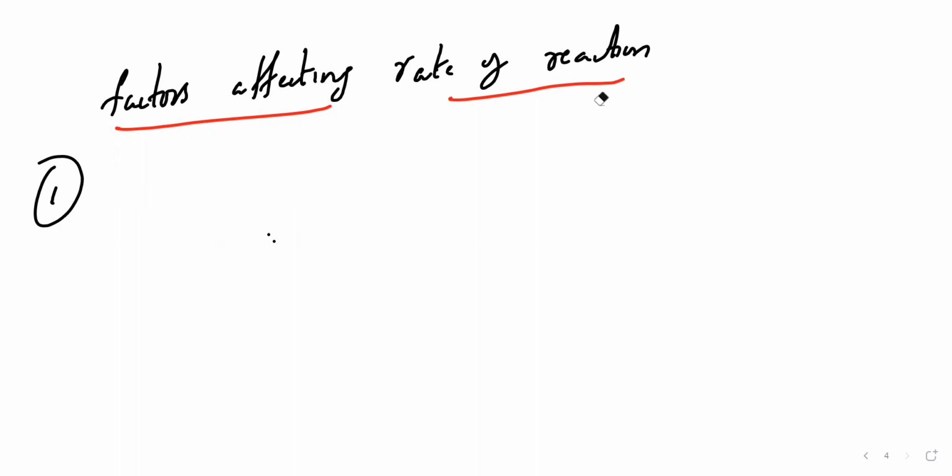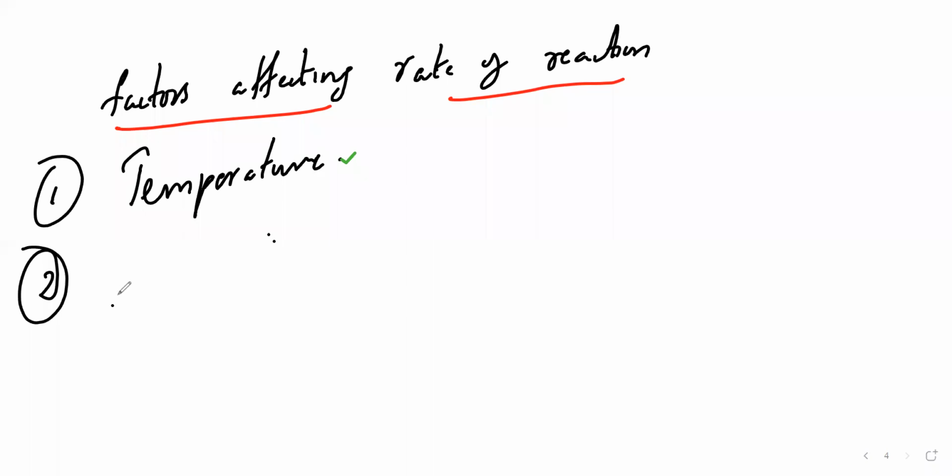Temperature or heat, better I'll start with your point only. It's true that temperature is one of the key points that will affect the rate of a reaction, correct? Now coming to the next point, the nature of the reactants.